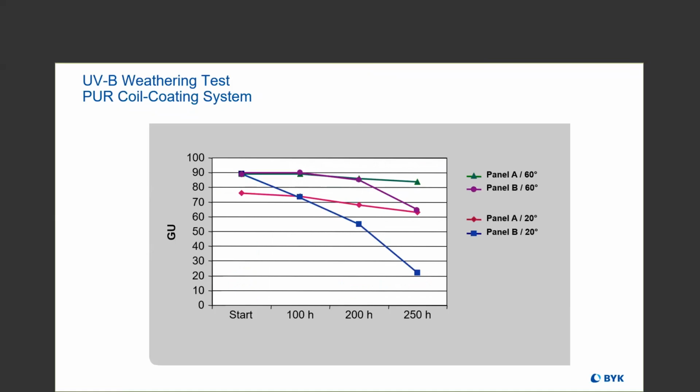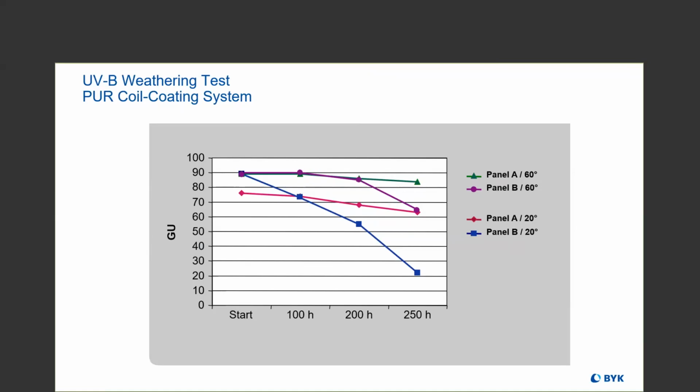So the gloss of these panels is measured by a 20-degree geometry meter and by a 60-degree geometry meter at the start, and they're weathered for a certain number of hours, and gloss is measured after 100 hours of weathering, after 200 hours of weathering, and after 250 hours of weathering to see how well the gloss will hold up and how quickly that gloss is going to change over time, which is a pretty common type of weathering test to see how well a material will hold up to time in the elements and see how much the gloss is going to change over time.